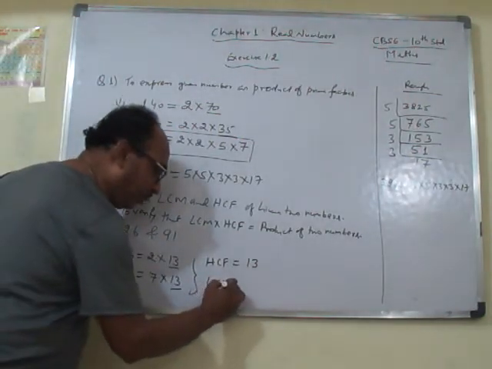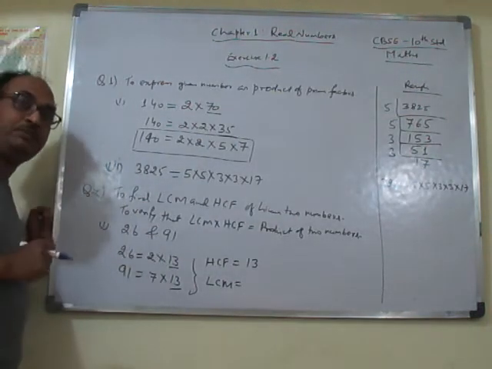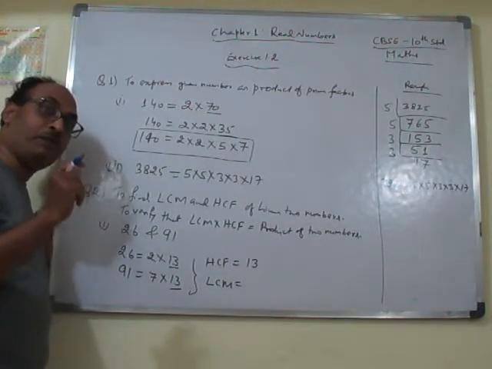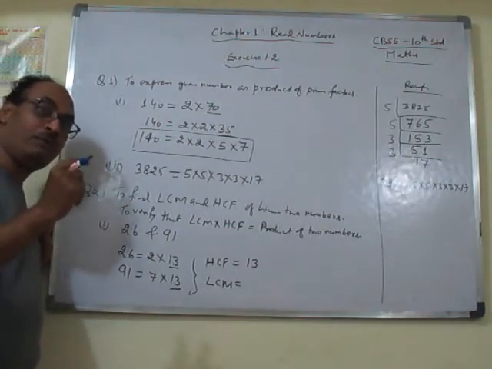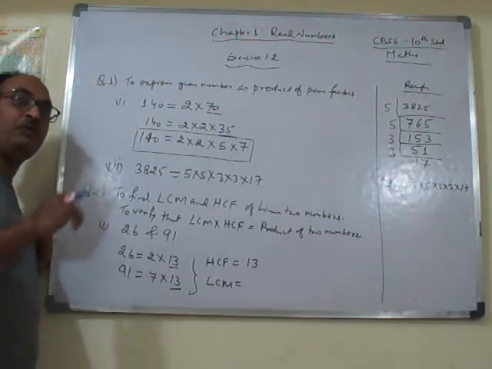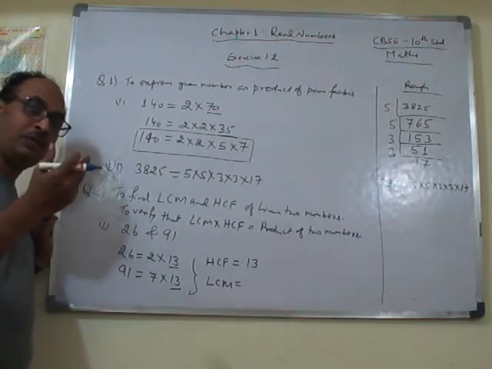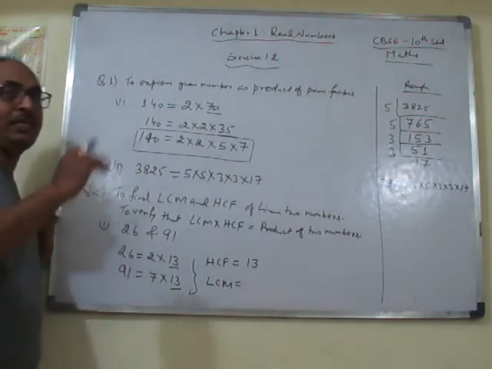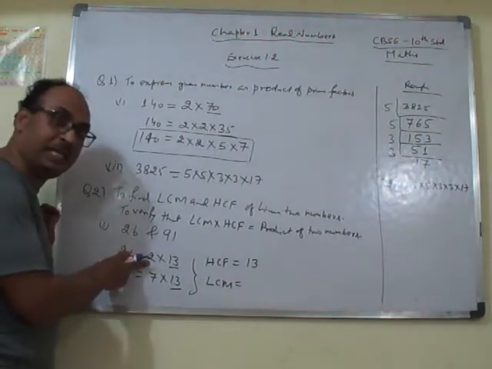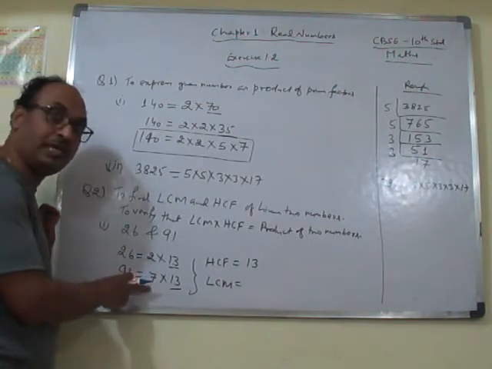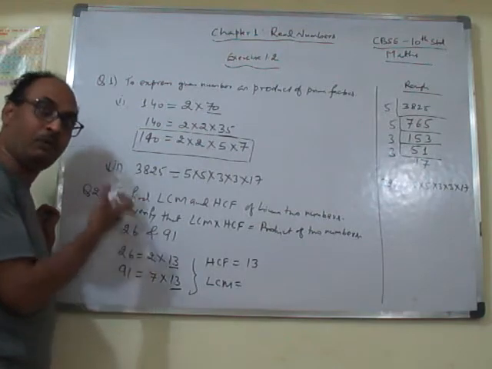Now again you will recall the definition of LCM: the product of the greatest power of all prime factors involved. Here the prime factor 2 is there, here it is not there, so the power of this 2 will be 1 only.